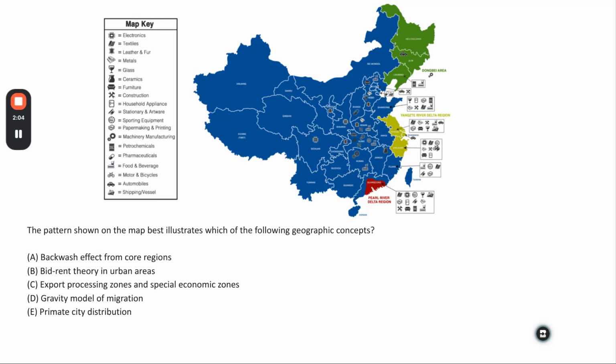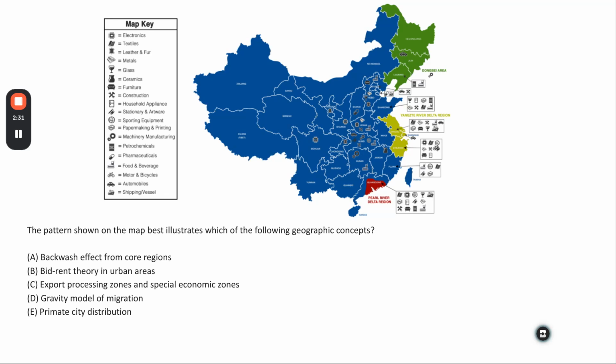So we have to figure out what's actually being put on the map. All of these symbols are in certain areas of the country and not in other spaces. It doesn't necessarily matter what these symbols represent. We just know they're in the eastern portion of China.